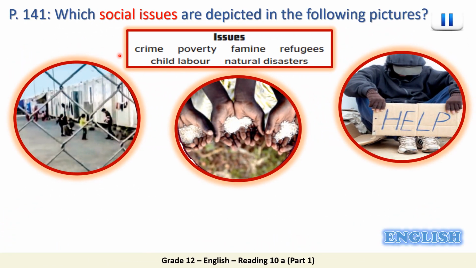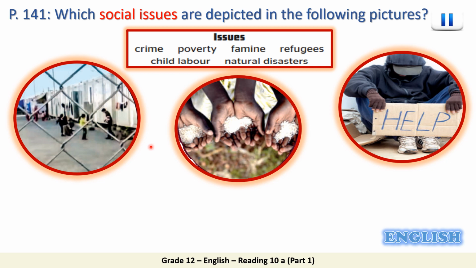Now you are given the 6 social issues right here and some pictures. Simply match the social issue with its relevant picture. In other words, which social issues are depicted in the following pictures? You can pause, take your time to think, and then take this feedback.